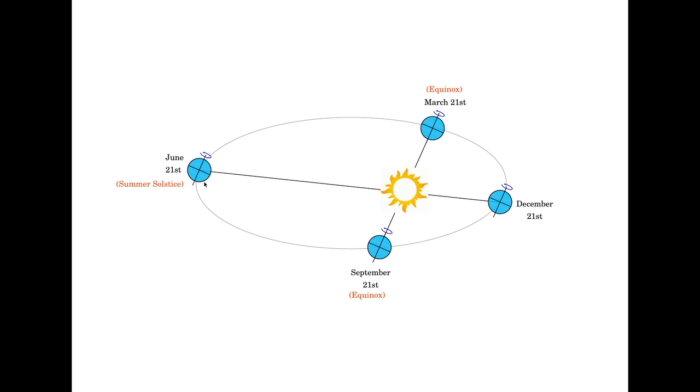And in the southern hemisphere, it is winter. Likewise, on this side, this is called the winter solstice, and this occurs on December 21st every year.